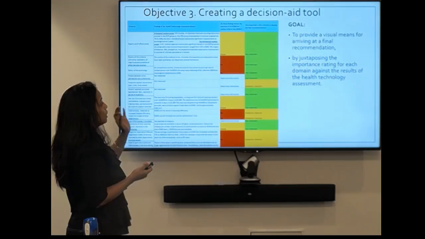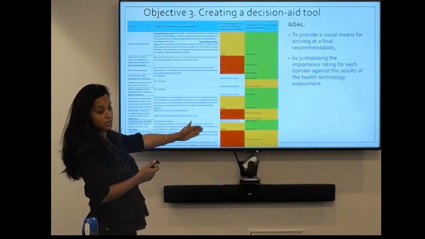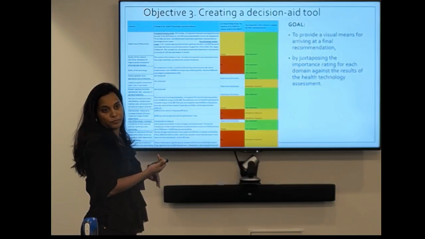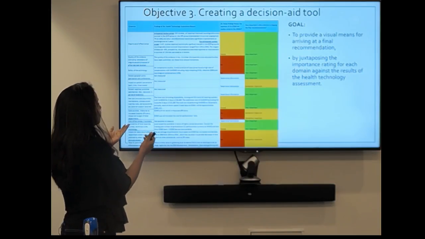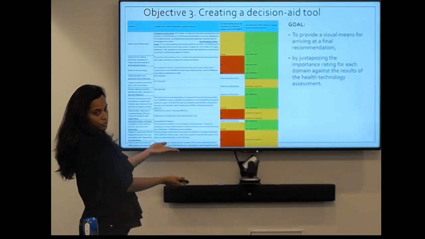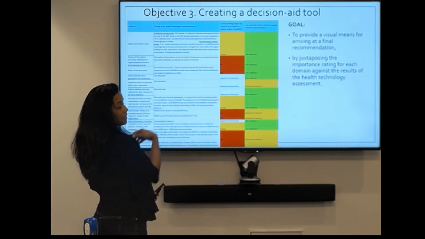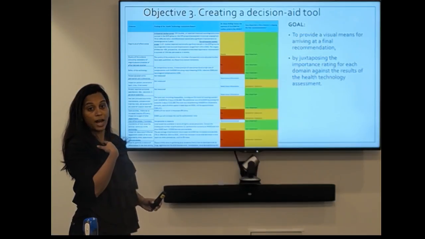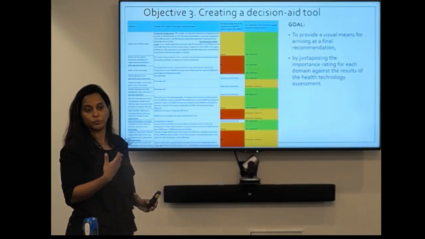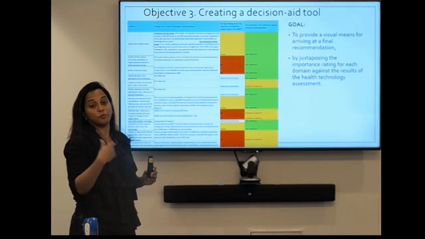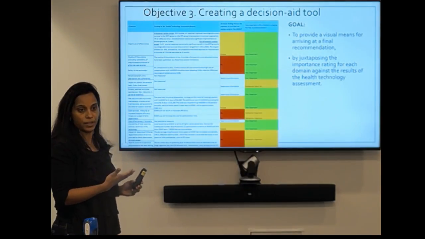So basically, we want to juxtapose the importance rating against the finding from the evidence. And so, when you look at this, you fill out your tool and you say, okay, all these green ones, I consider them to be very important. So if I want this technology to be approved, I would want to see green on this side too, which would mean that the findings were favorable.